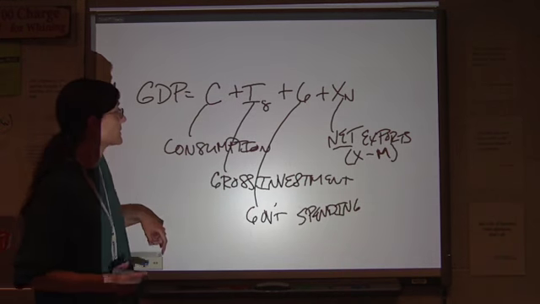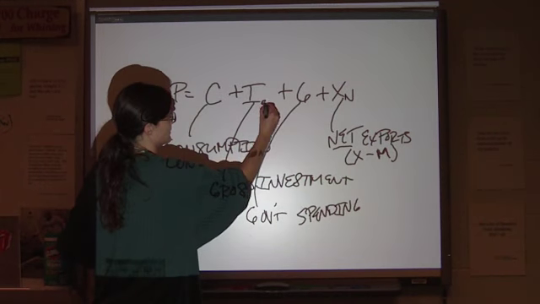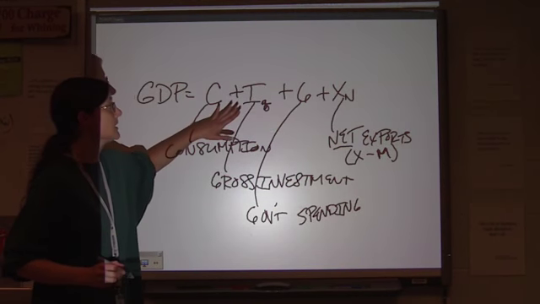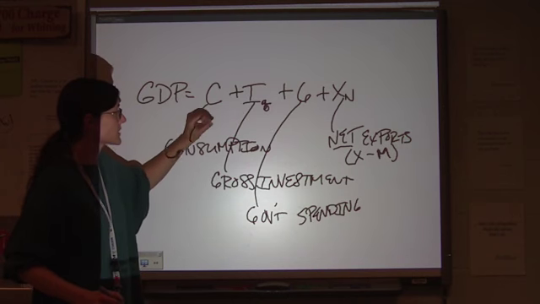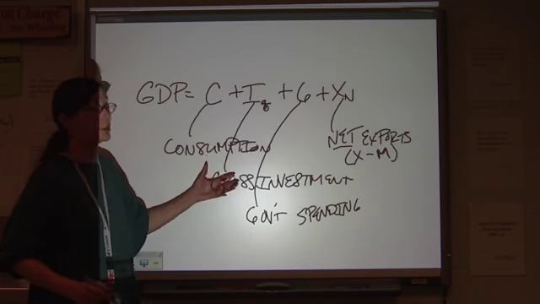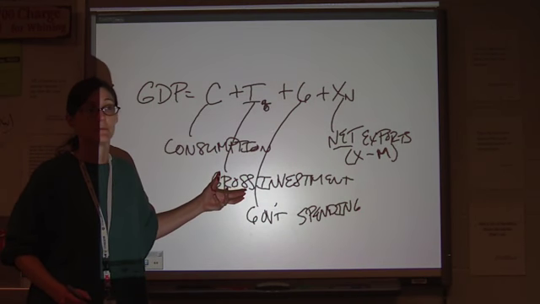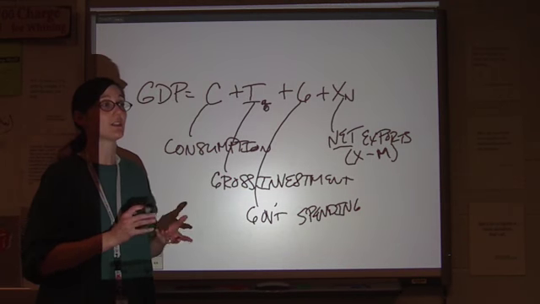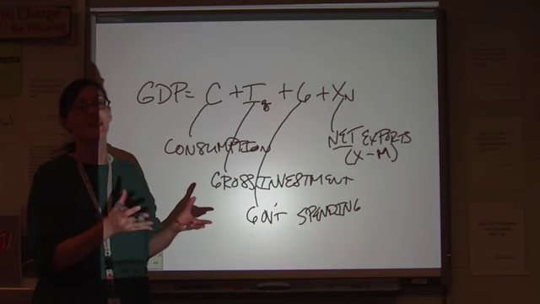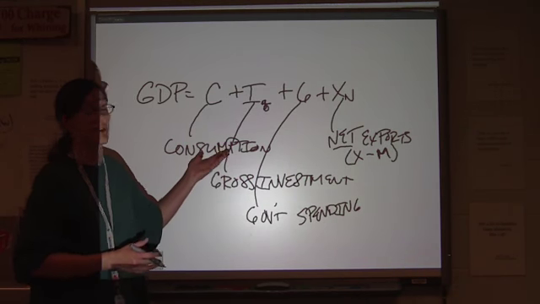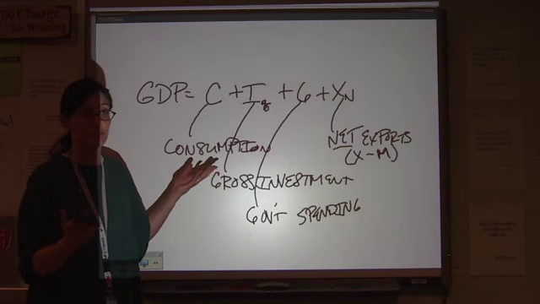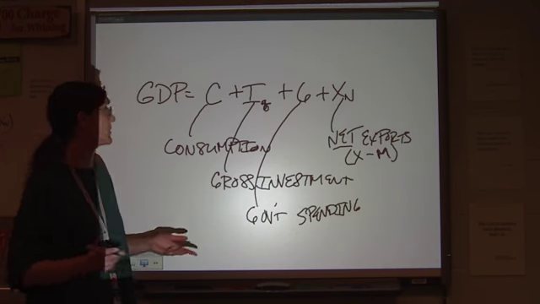Gross, as in gross investment, that's a G, is not net investment. Gross investment means that you are including depreciation. And we'll get to what depreciation means later. But if you're looking at the difference between gross investment and net investment, net means you subtract the depreciation out. Gross means you leave it in. That's the difference between net and gross, and you may see some of those terms.